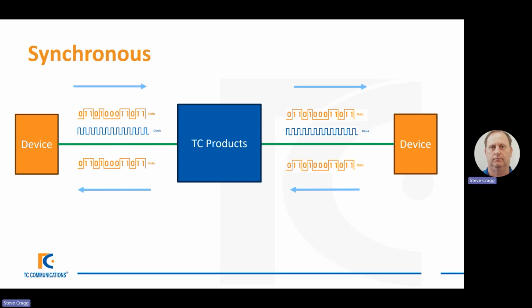But this is pretty interesting because remember that the data needs to be synchronized with the clock on the left. The data going to the TC products and coming from is synchronized with the clock on the left. Similarly, the data coming out of the TC products and going back into the TC products on the right is synchronized with the clock on the right.